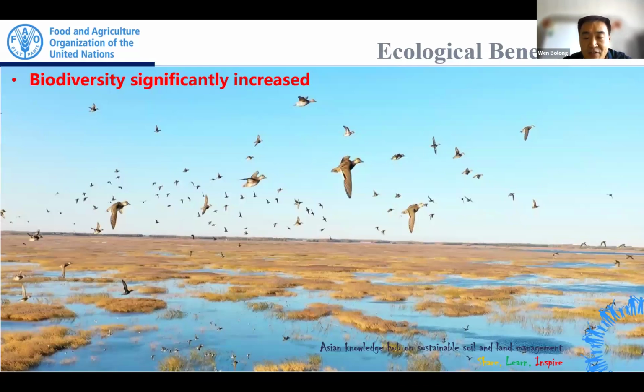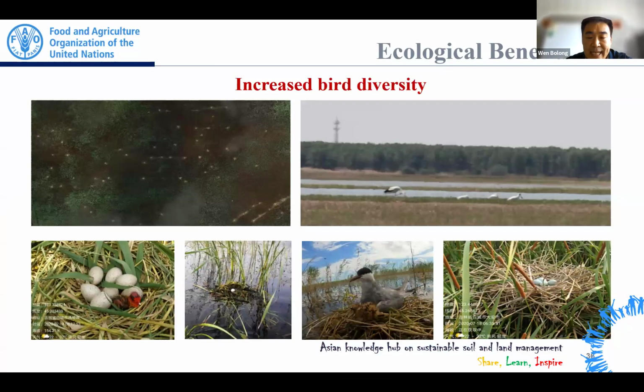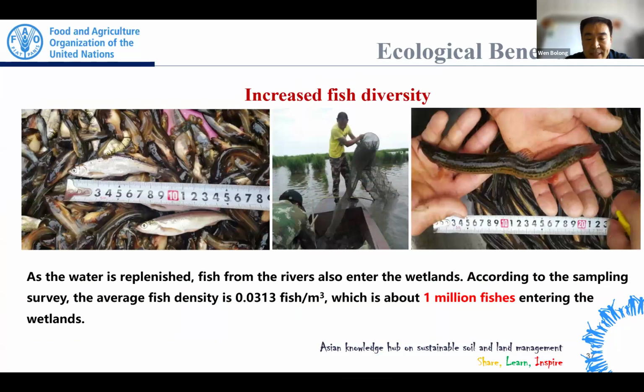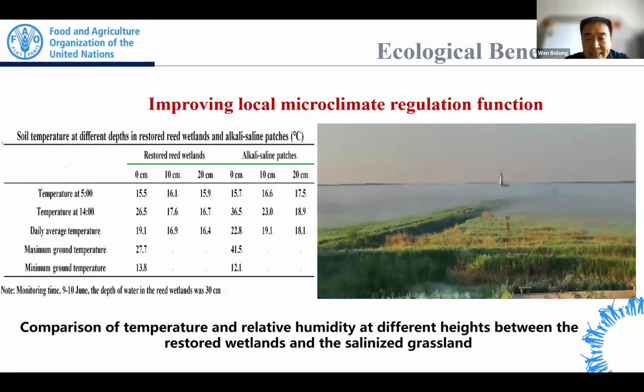On the basis of improving crop production and food supply, the ecological benefits are very significant and biodiversity increases, such as bird diversity and fish diversity. And even the local microclimate regulation functions are improved.